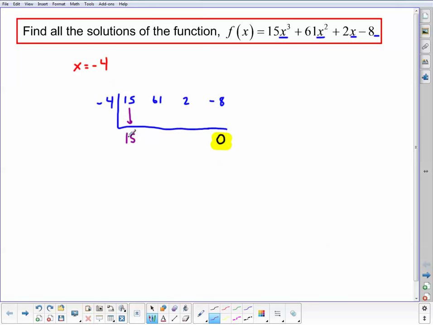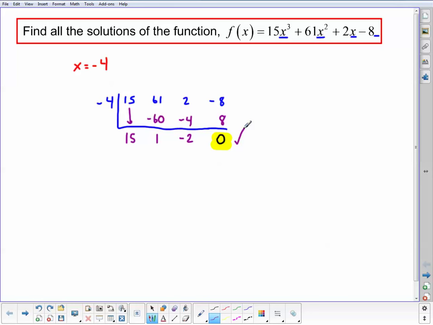Now I multiply 15 times negative 4, which gives me negative 60. Add those up, I get 1. Multiply again by negative 4, add vertically, gives me negative 2. Multiply by negative 4, 8, and perfect. Again, if you don't get a remainder of 0, that means either you took a number that isn't a 0 or you've done synthetic division wrong.